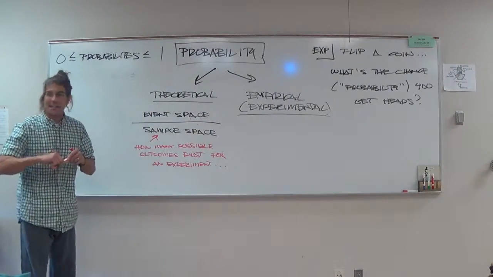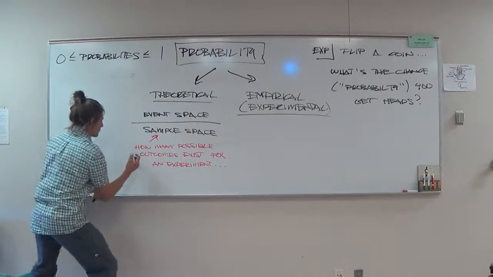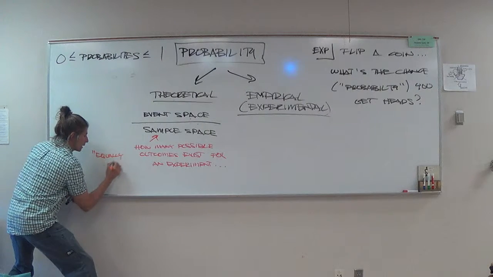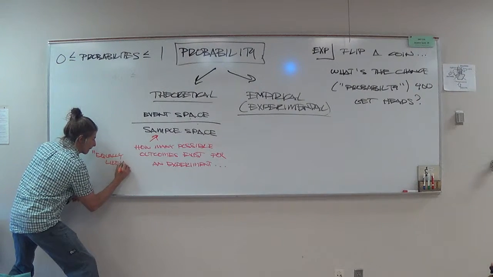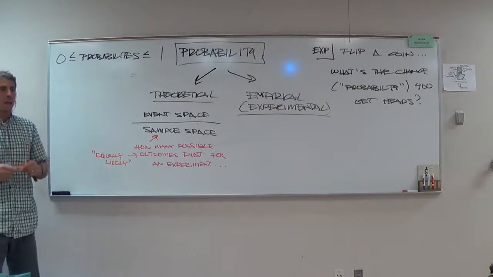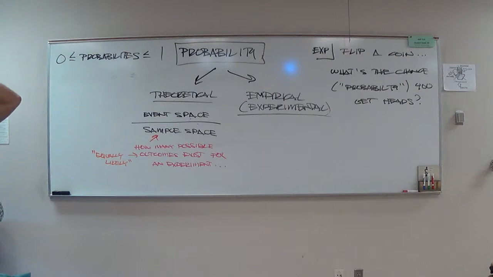Now, there's a key phrase that is not being indicated down there, and the key phrase is equally likely outcomes. This only works when the outcomes are equally likely.